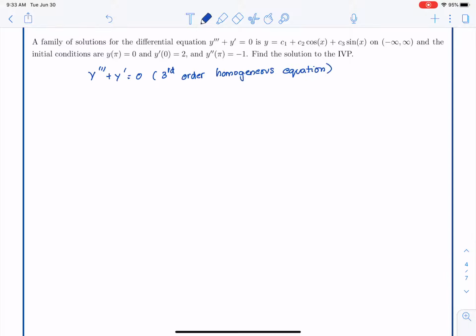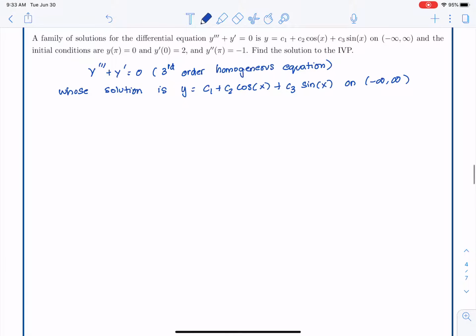The right hand side is 0. They've given us the solution, and the existence interval is negative infinity to infinity.